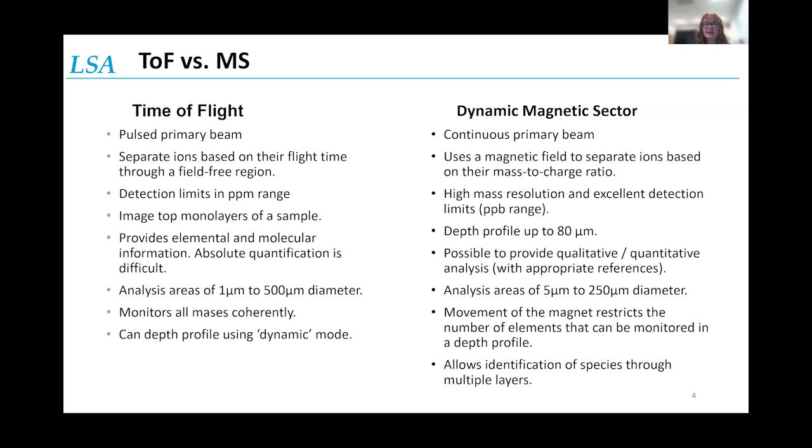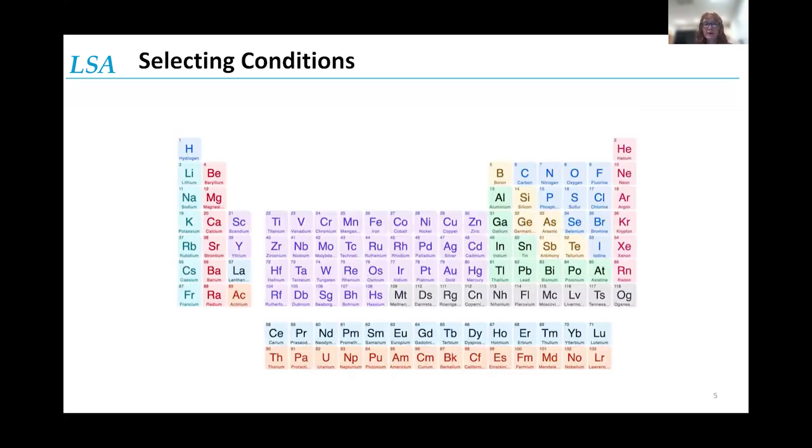So when you're deciding what sort of SIMS you'd like to use, it's really important to know what you're trying to achieve, whether you want imaging, whether you want depth resolution, what sort of concentrations you expect to have in your sample. Okay, so with dynamic SIMS, or magnetic sector SIMS, it's quite important to know what elements you're looking for as you go into the sample.